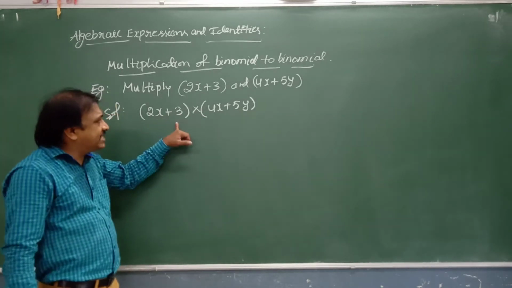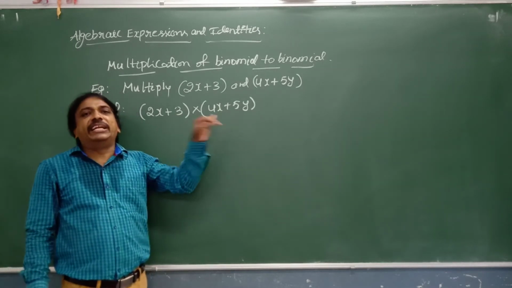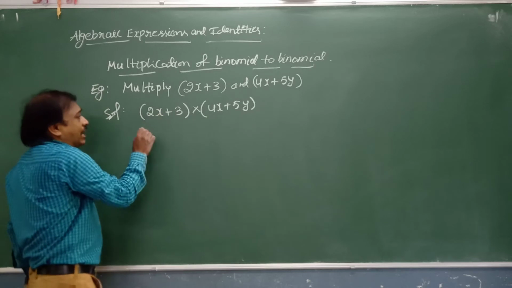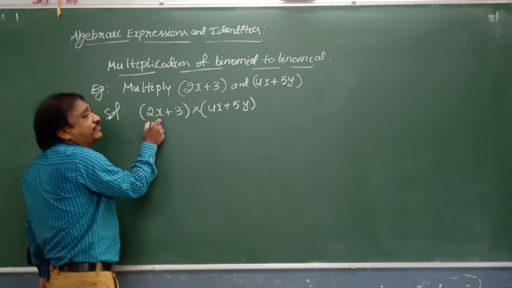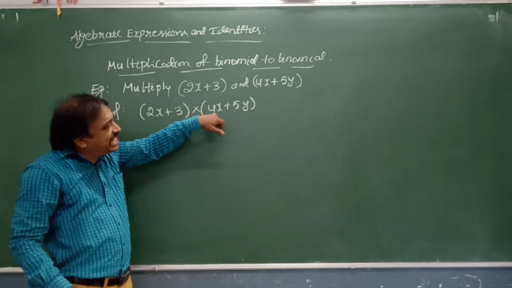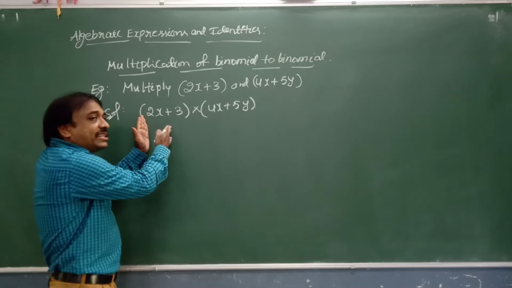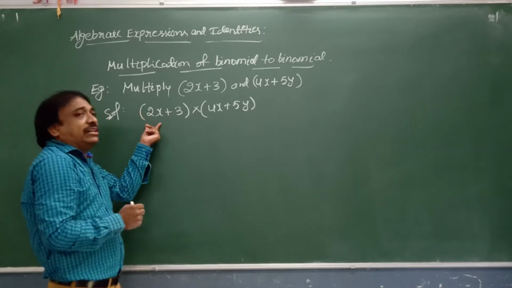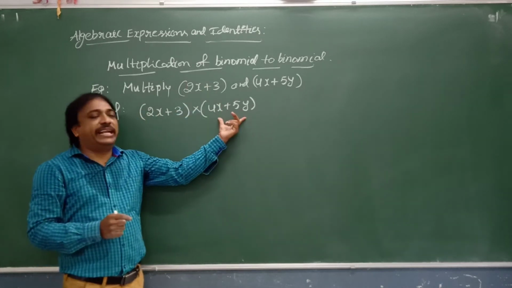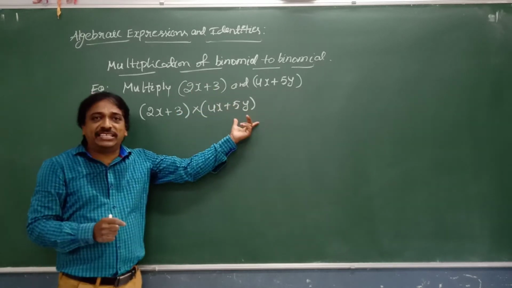Now each and every term of this binomial should be multiplied with each and every term of the second binomial. How many terms are there? Two terms. So each term in this should be multiplied with these terms.